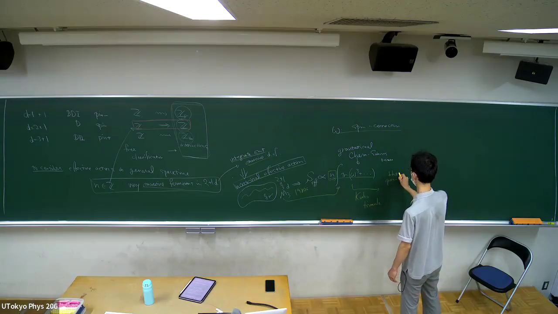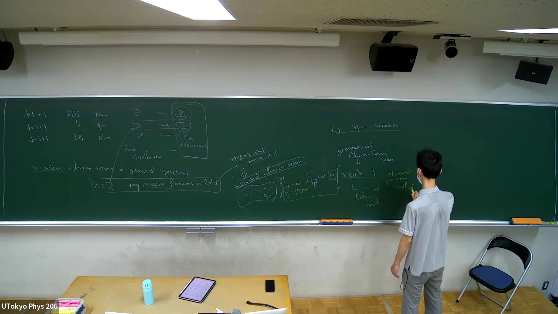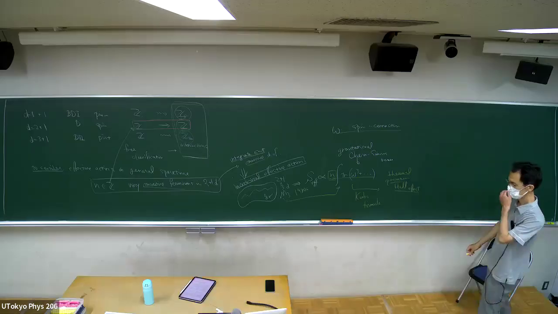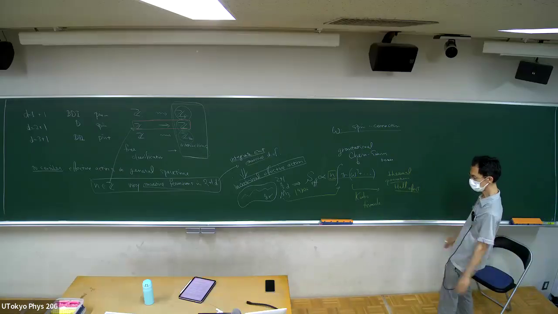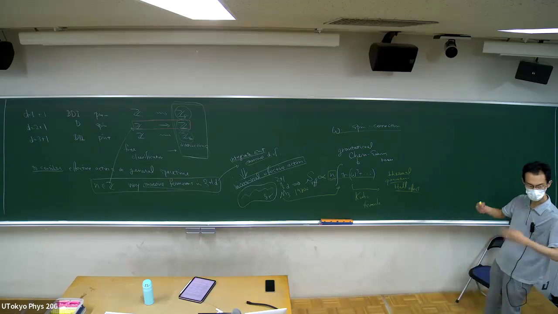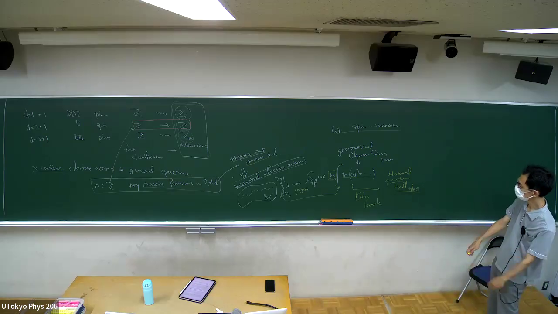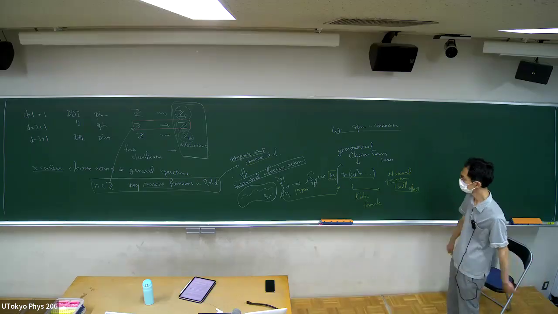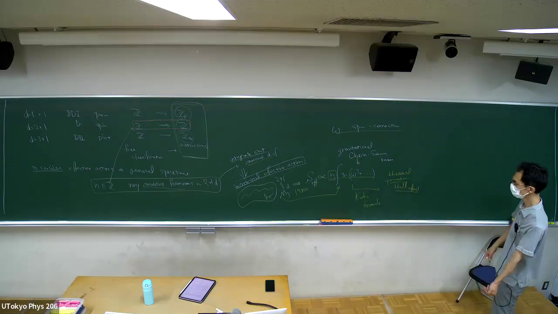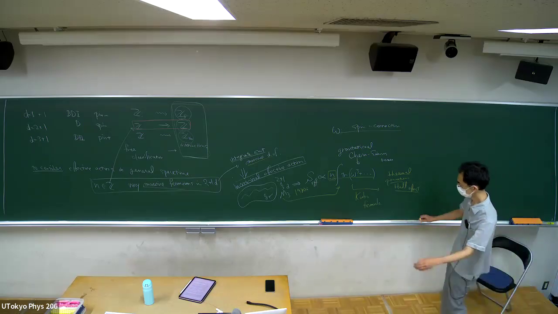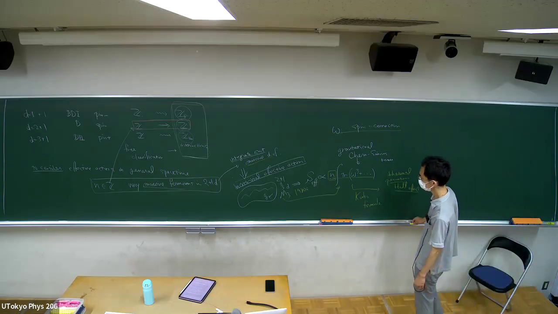thermal quantum Hall effect. If you have some temperature gradient, you will have a thermal flow perpendicular to the gradient. So it's an analog of the ordinary electric quantum Hall effect in the case of temperature gradient.